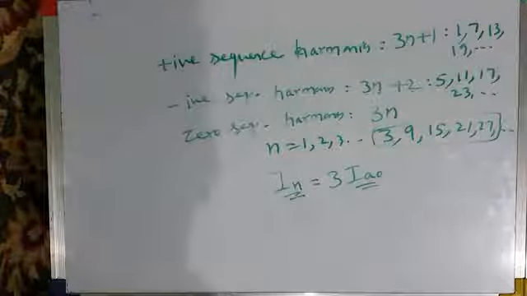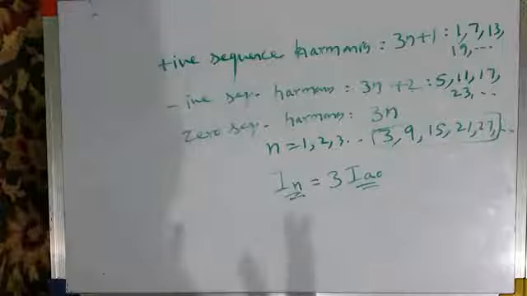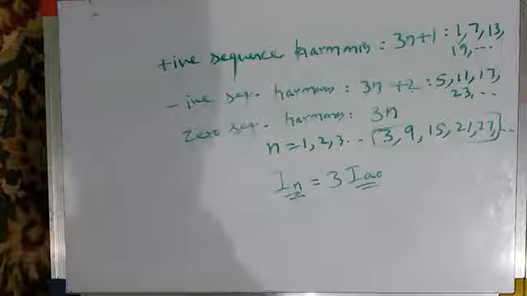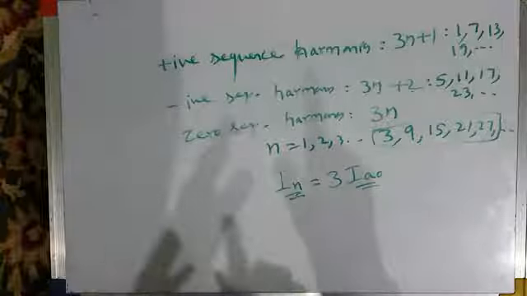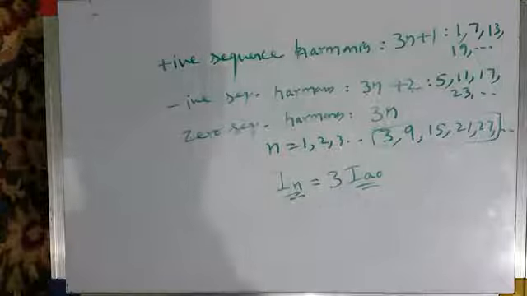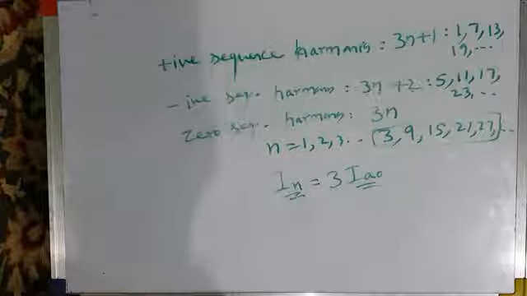So neutral current, we have seen, is the sum of those triplen harmonics. It is 3 times the summation for n equal to 3, 9, 15 up to infinity of I_n squared, raised to the power 1 by 2, the square root of that. So these single-phase nonlinear loads cause this, although there are non-triplen harmonics also.